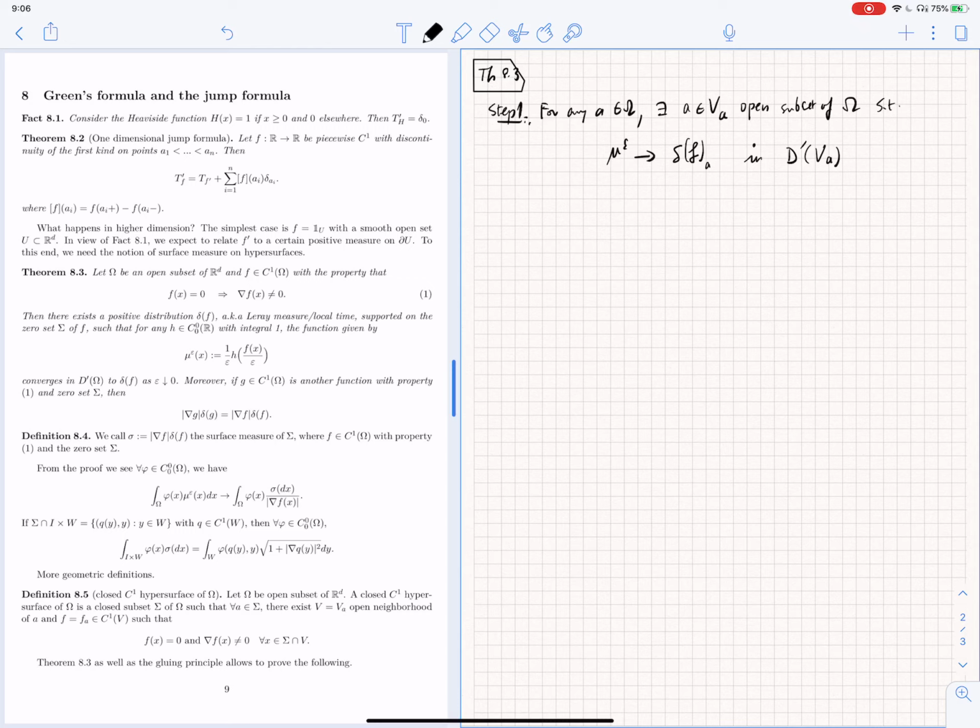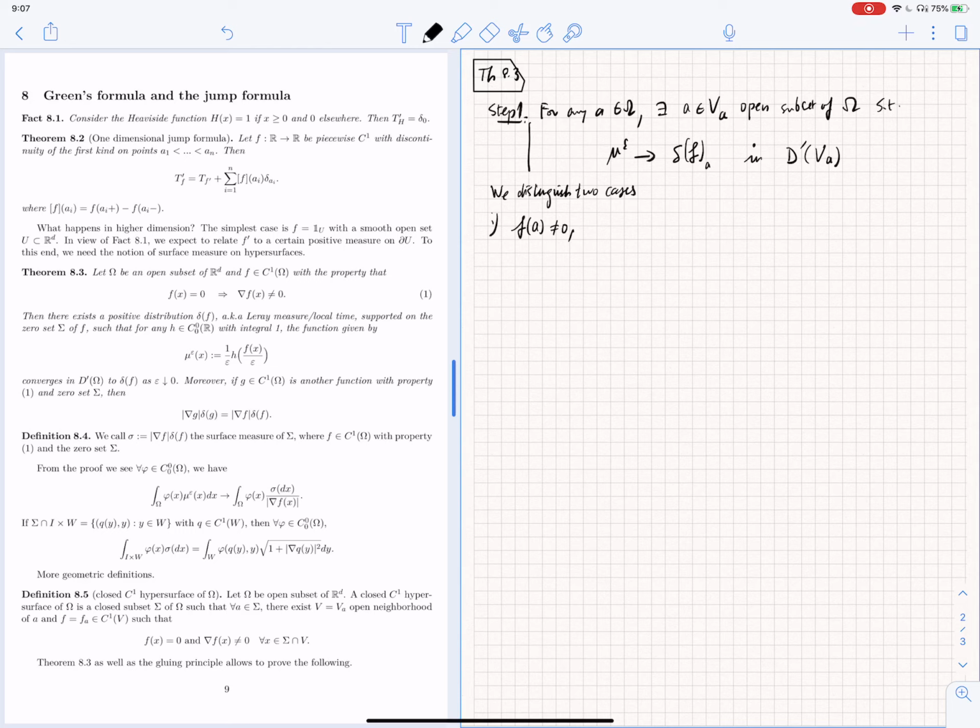And how to do this? So we are going to distinguish two cases. Okay, so the first case is when f of A is different from 0.